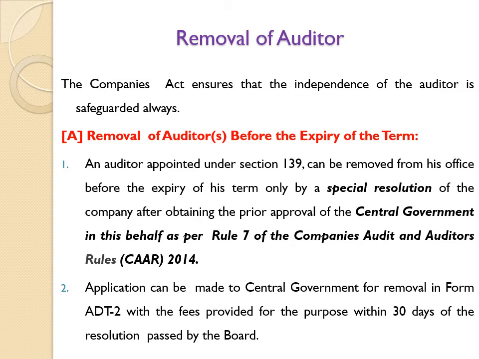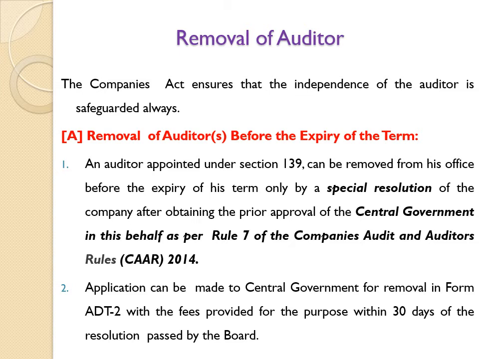Application can be made to the central government for removal in form ADT-2 with fees provided for the purpose within 30 days of the resolution passed by the board. Board of directors is the supreme power of the company. They have rights to take decisions for the interest of the company.